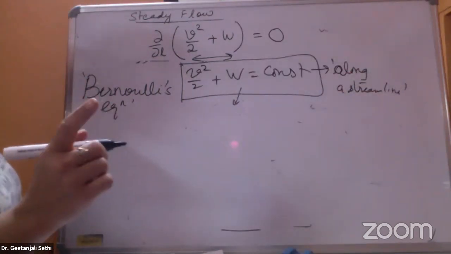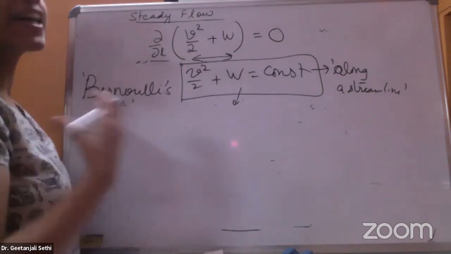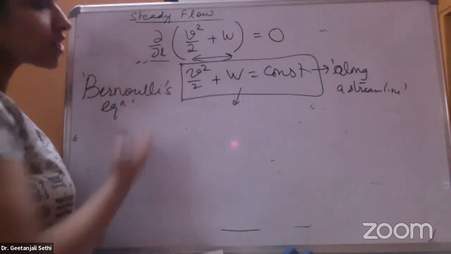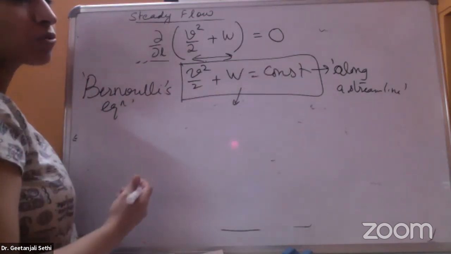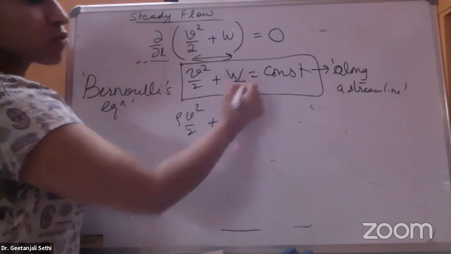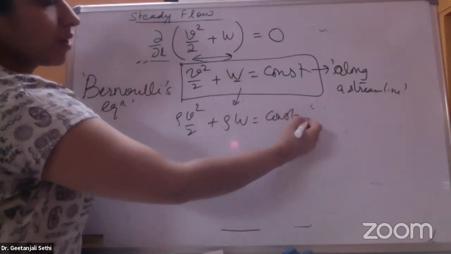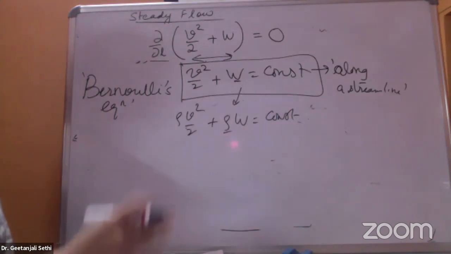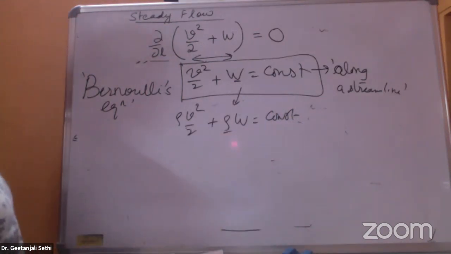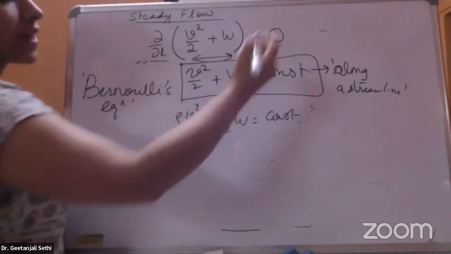Let me tell you, if you look at this equation slightly carefully, you'll get a feel for what this equation is. You just multiply this equation by density throughout, rho. By the way, this was specific work done. If you look at a simple case where rho is uniform throughout my fluid, I just multiply this equation by rho.